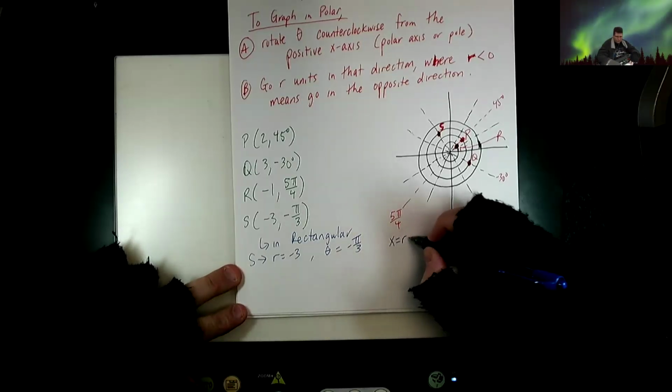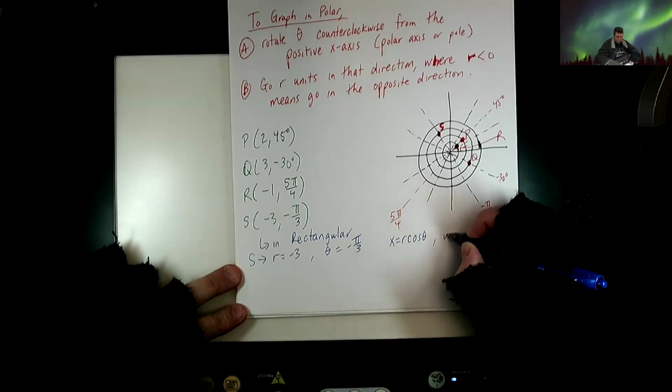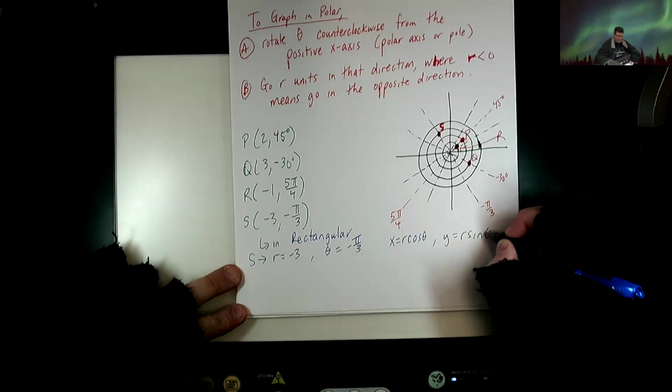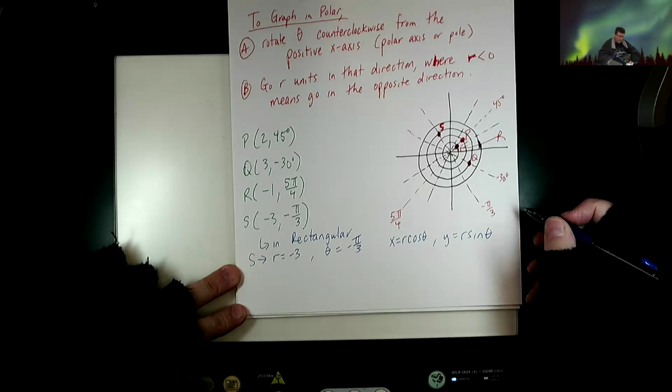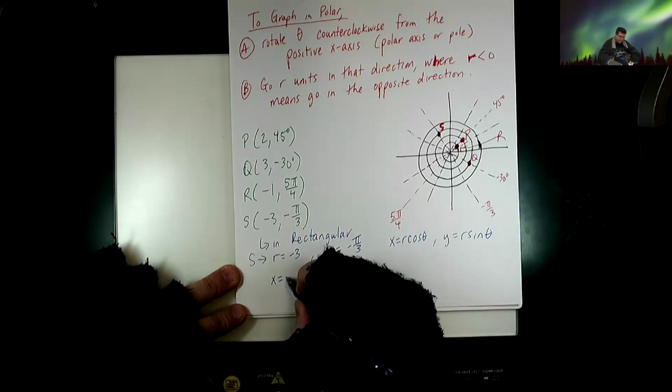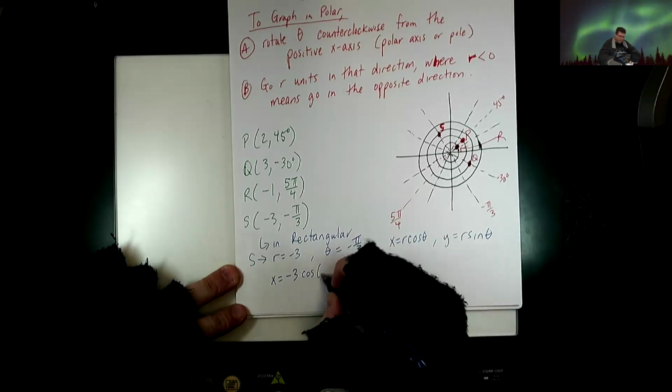And recall x equals r cosine theta, y equals r sine theta. So I have x equals negative 3 cosine of negative pi over 3.